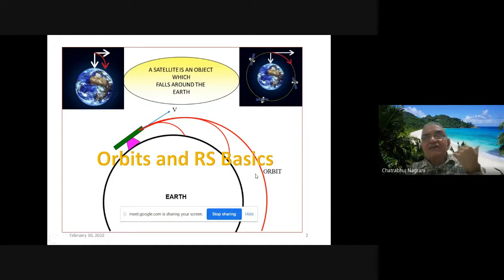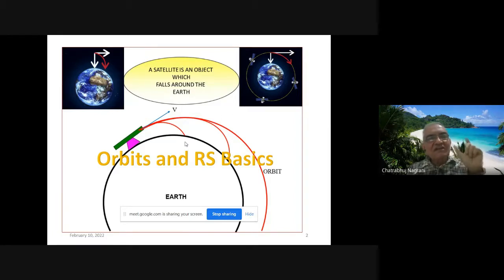why I gave you the introduction of the launchers. Suppose somebody decides that we launch a satellite from a gun. Here you are seeing a gun which is launching a satellite, or it is trying to launch a satellite. But when we release an object from the gun, it is not a satellite, it is a projectile.